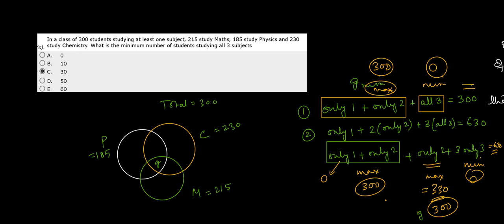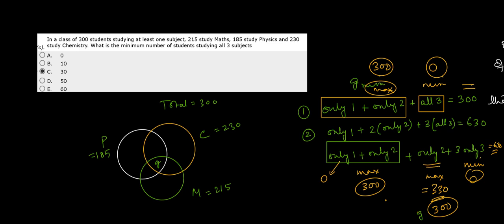Change in only one. 300 plus... Maybe we can go by the options. Yes, that is one way of doing it. That is a very smart way of doing it. But we can also use our logic here.